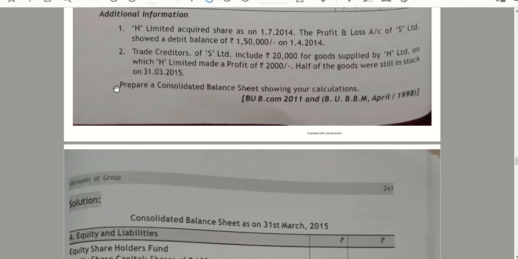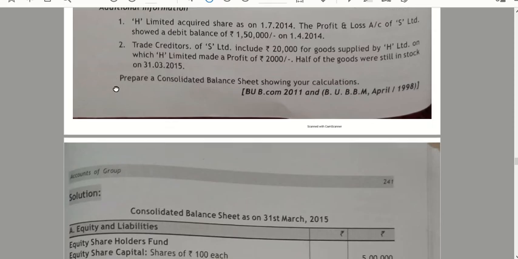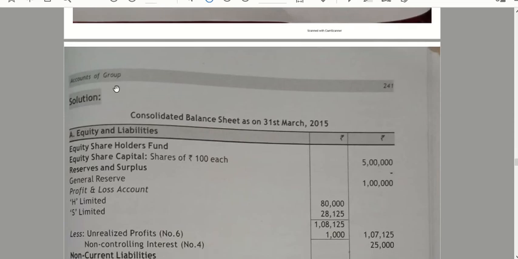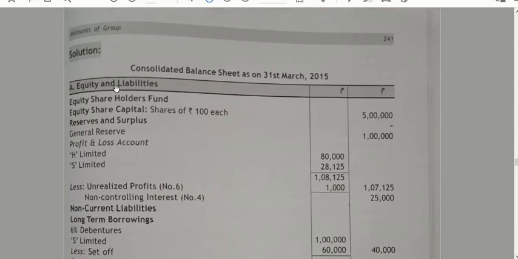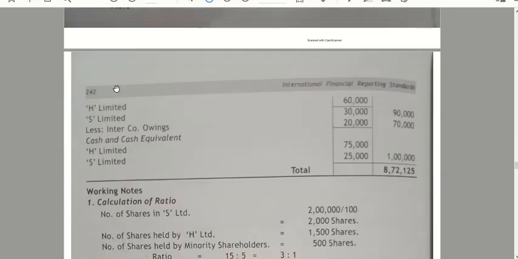Half of the goods were still in stock on 31/3/2015. Prepare the consolidated statement. So we start with our working notes.